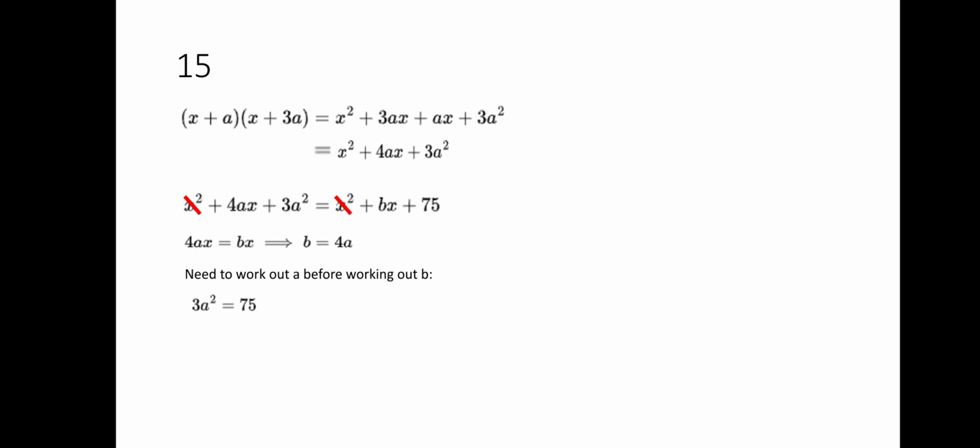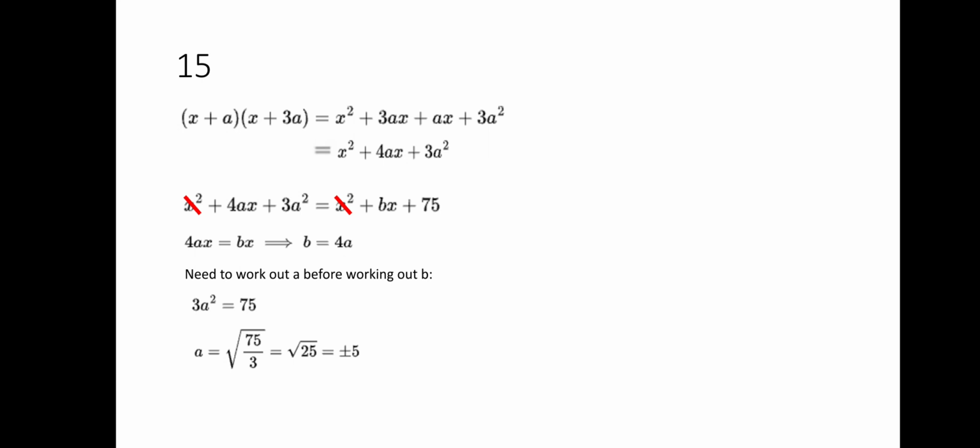And when we solve this for a, we get a equals the square root of 75/3, which is plus or minus 5, because the square root of a positive number can be positive or negative. So in this case it's positive 5 and negative 5.